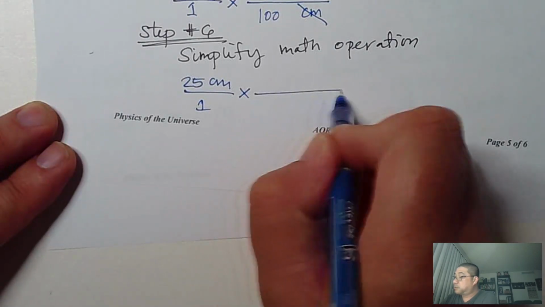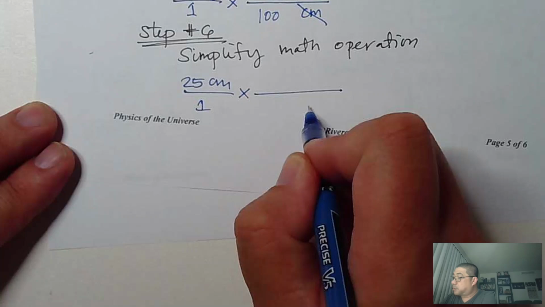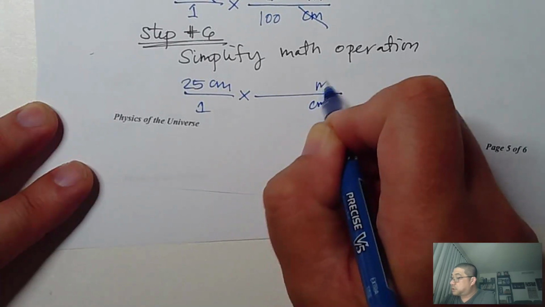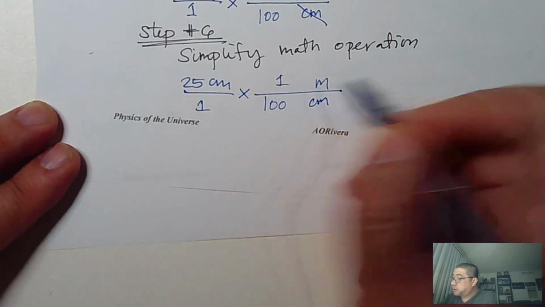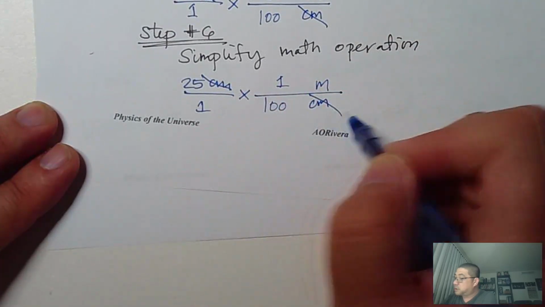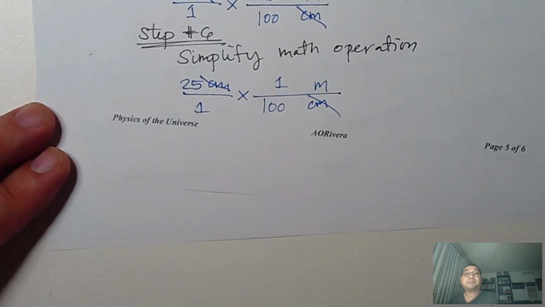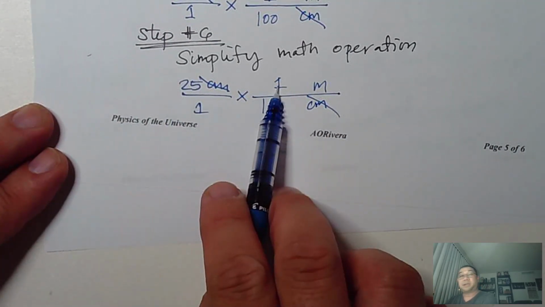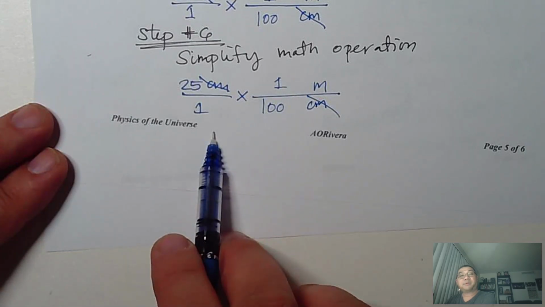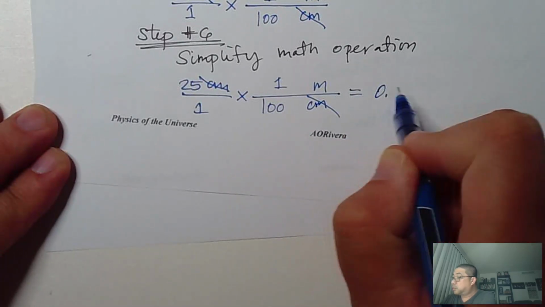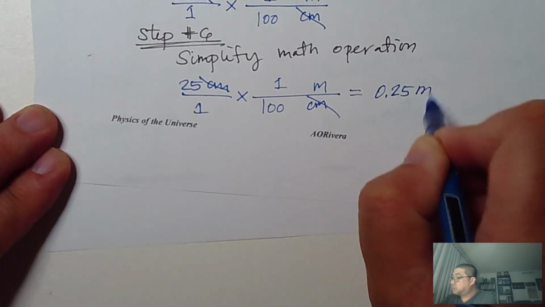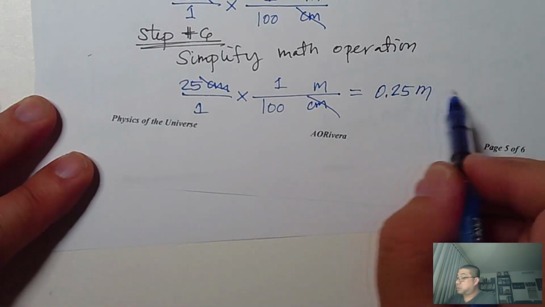Multiplication symbol, fraction line, opposite location of the unit, centimeters and then meters, and then copy down your conversion factor. So centimeters and centimeters cancel. 25 times 1 is 25. You divide it by 100. That will give you 0.25 meters. So this will be your final answer.